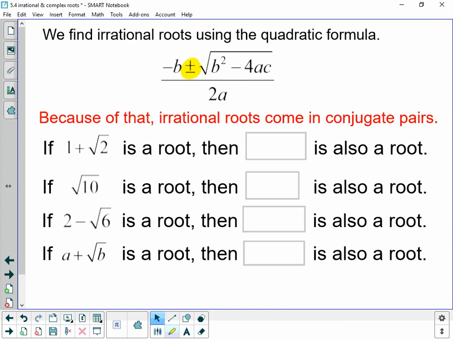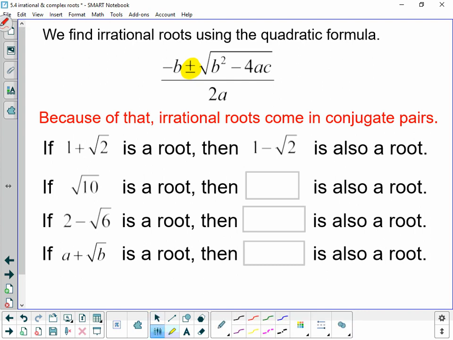So if we know that 1 plus the square root of 2 is one of the roots of the equation, then we know another root of the equation as well. They come in pairs. So we know that 1 minus the square root of 2 is also one of the roots. Now, it's only the root that changes sign.